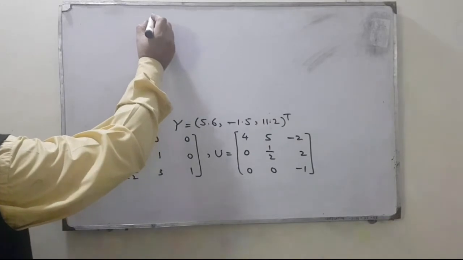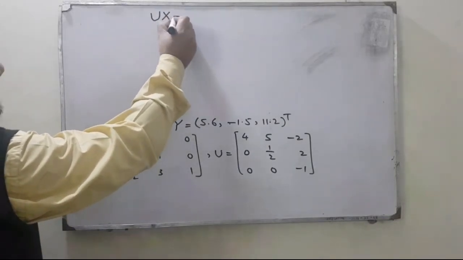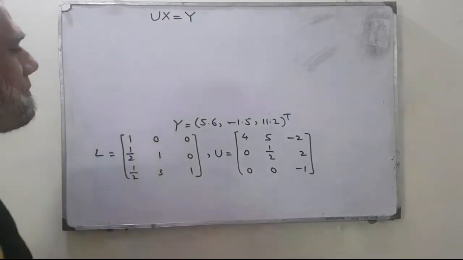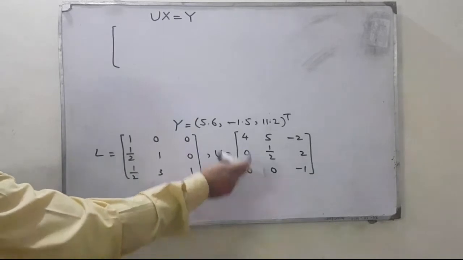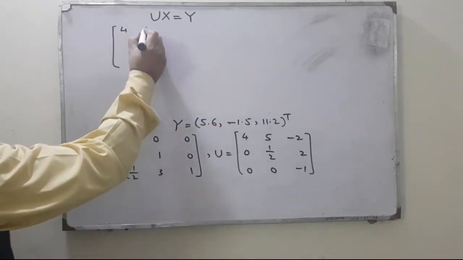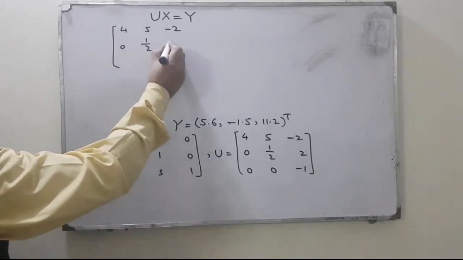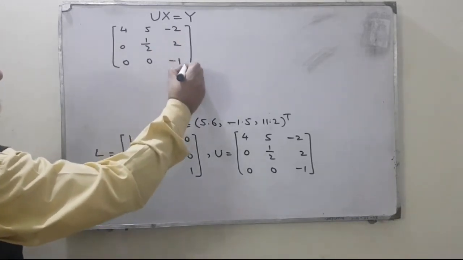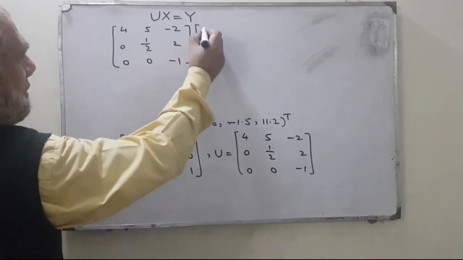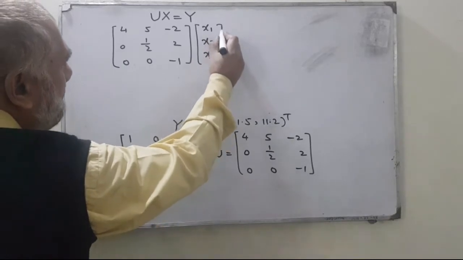Now we start from the equation. If you remember, Ux equals y. We have U, and we substitute it here: 4, 5, minus 2, 0, 1/2, 2, 0, 0, and minus 1, along with the column vector of unknowns x1, x2, and x3.